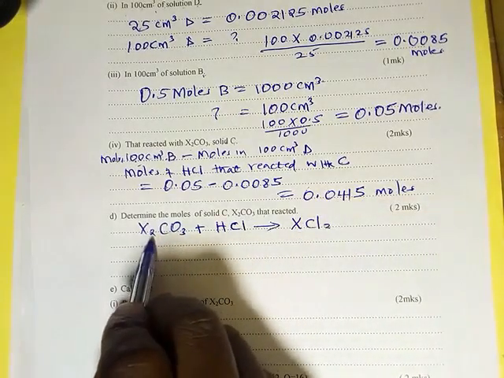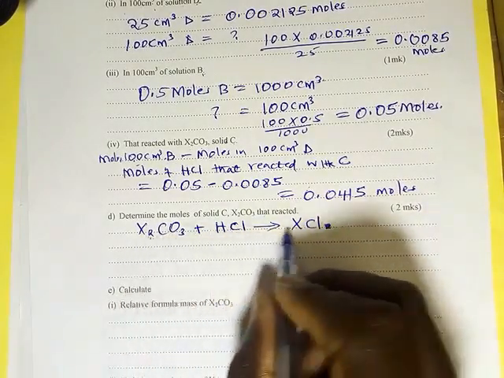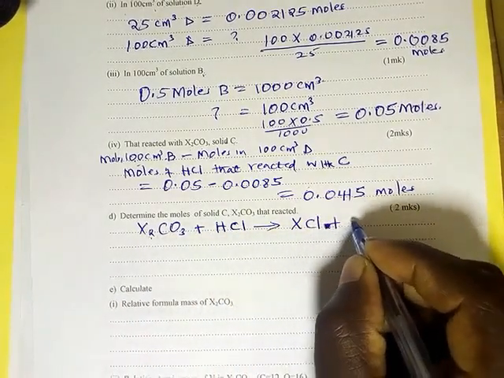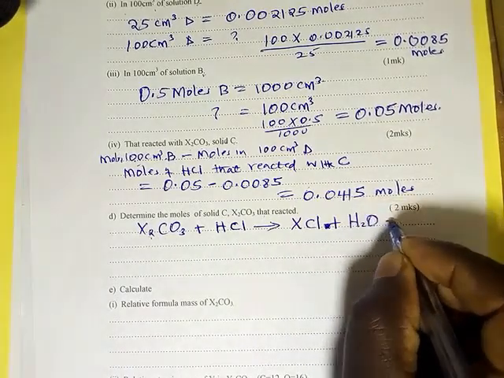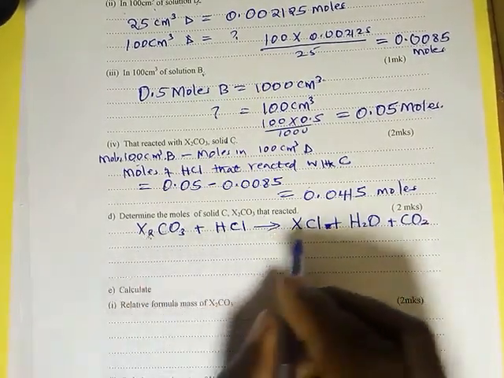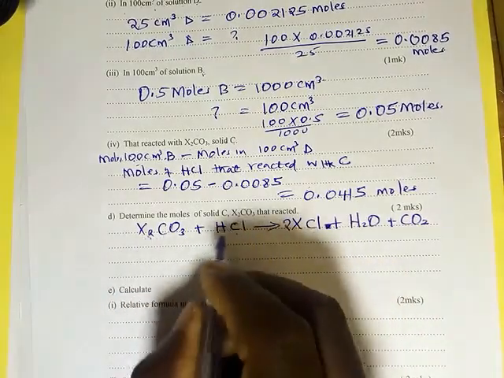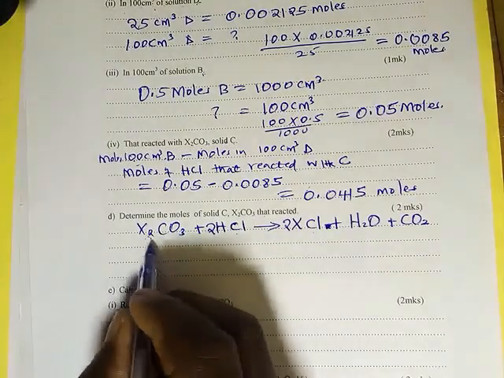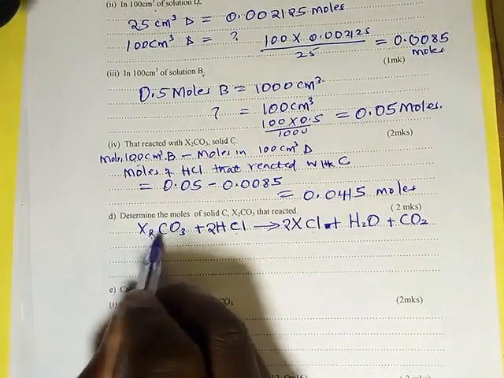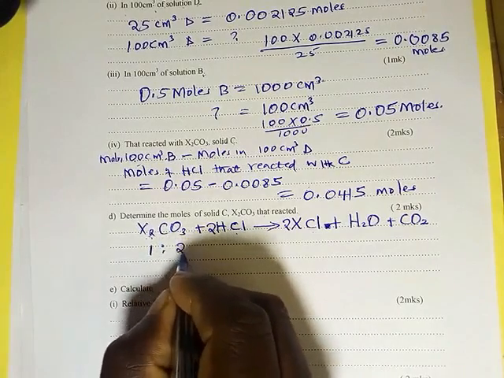Not the X, it has a valency of 1, therefore you cannot put anything here. So plus water plus CO2. But this X is twice here, so we put 2 here, and then the chloride here is twice, so we put 2 here. So it means that the ratio between the carbonate and HCl is 1 to 2.